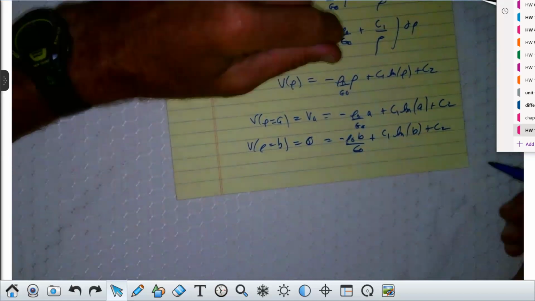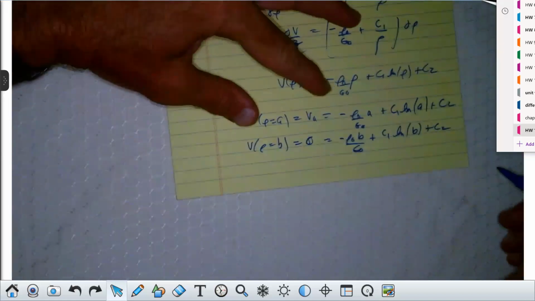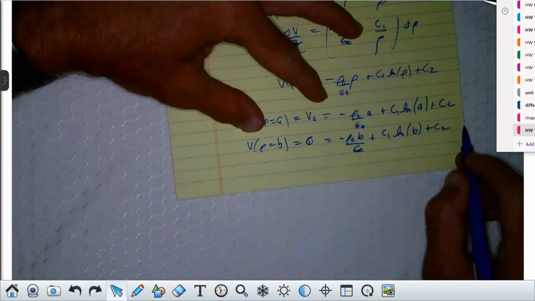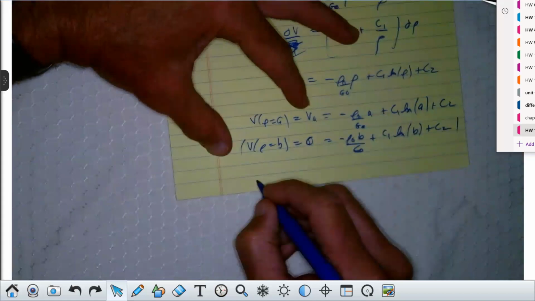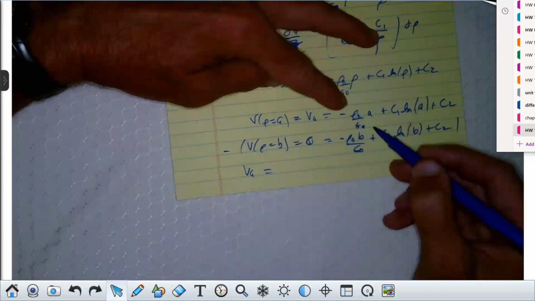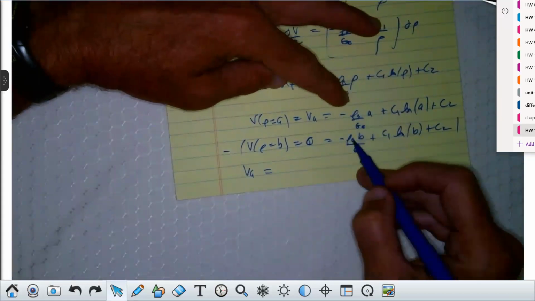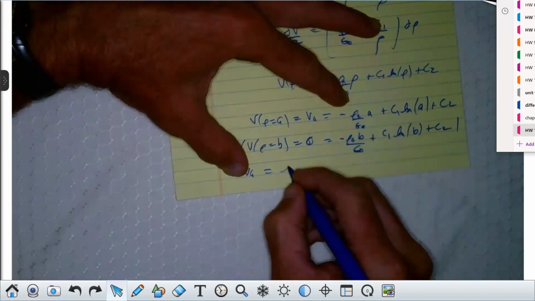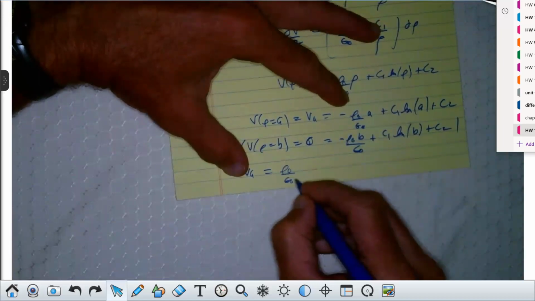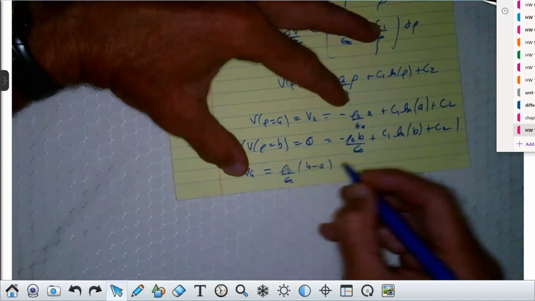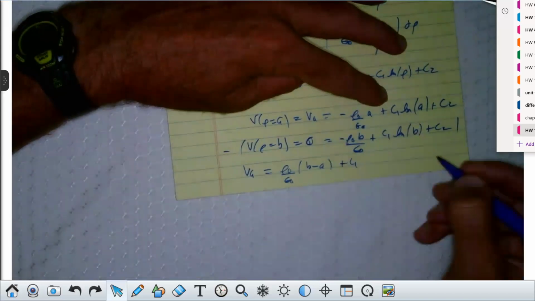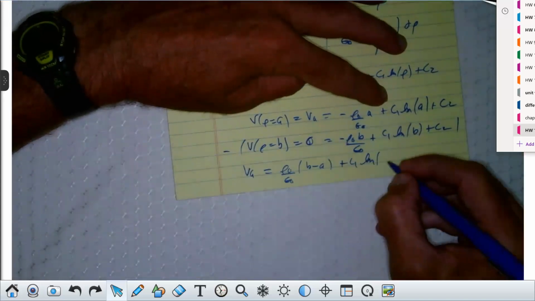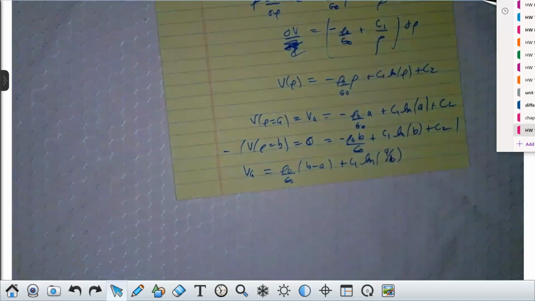I don't know how you prefer to do this, but if you go ahead and you just subtract the lower equation from the upper equation here, we would get VA, right, equal to, and then subtracting these two, I'm subtracting this one from this one, you would have rho naught over epsilon naught, and then it would be B minus A. And then subtracting these, you're going to get plus C1 times the natural log of A over B, right? And C2 goes away. Do you agree with that?